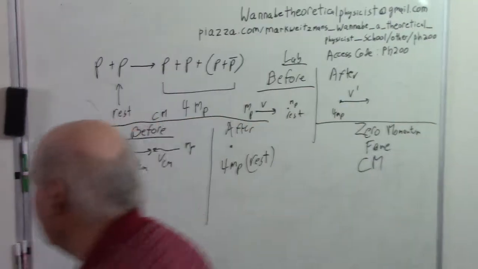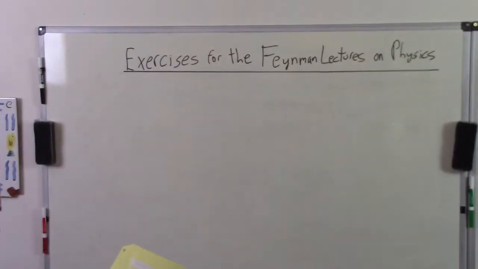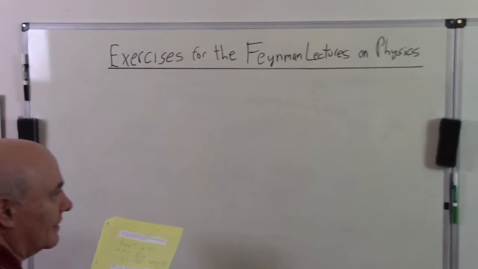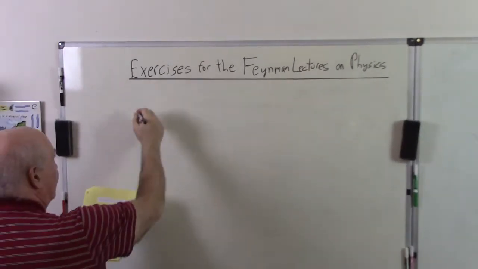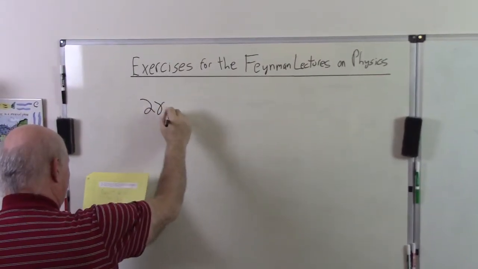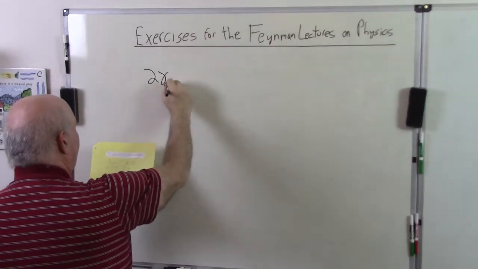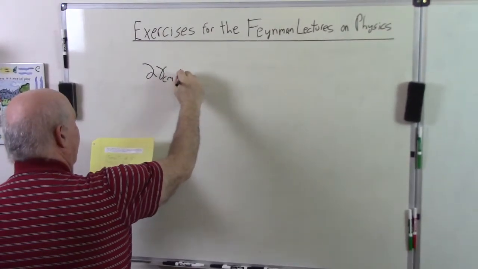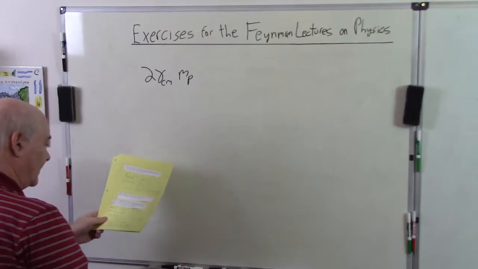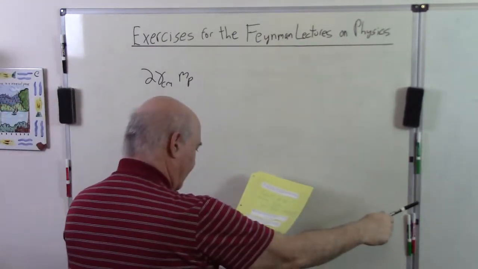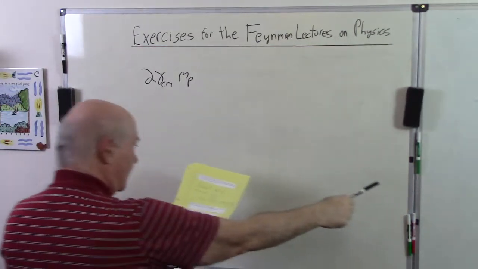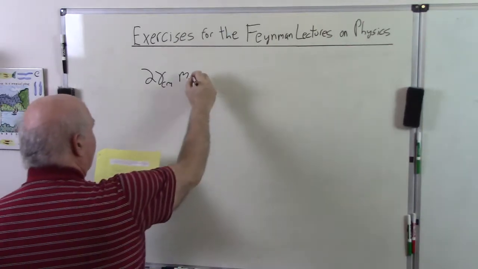So now it's not that difficult to work out the equations. I'll do it. We'll have 2 gamma CM mp. This is working in the center of momentum frame, so this is just the energy before, which has to be equal to the energy after.